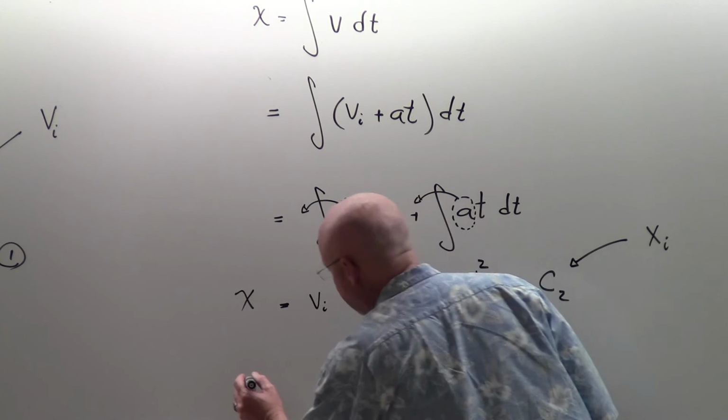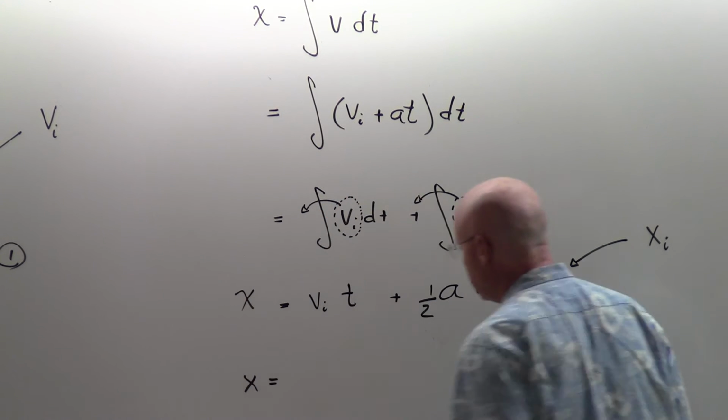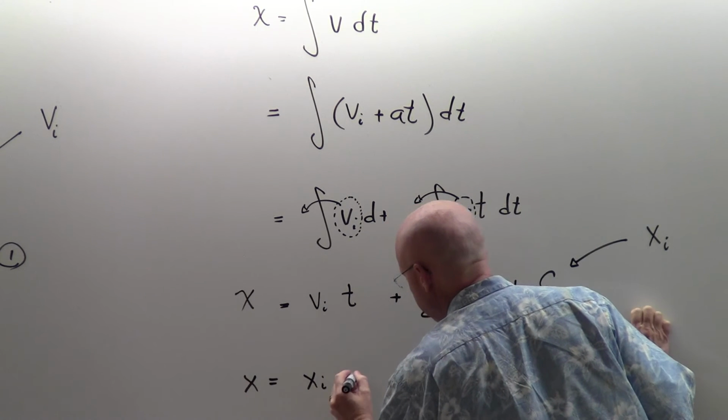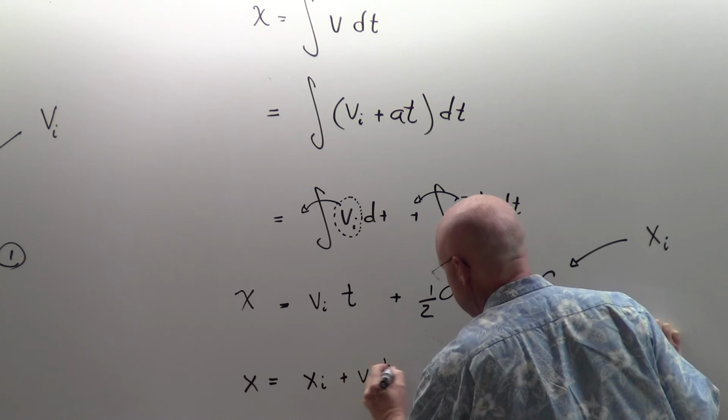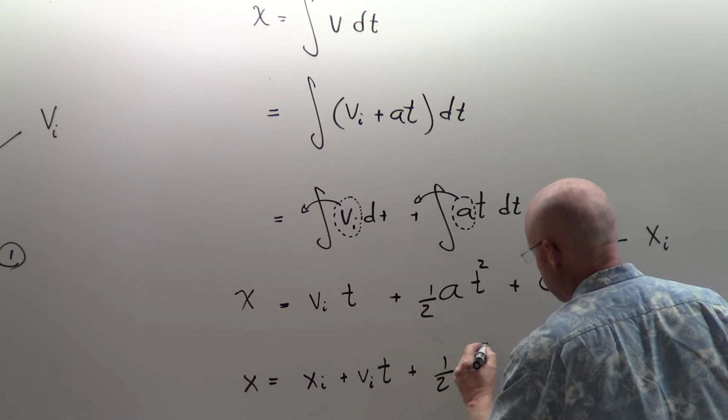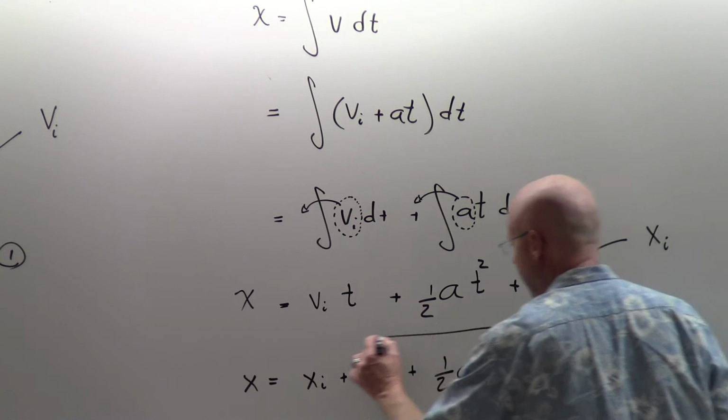And so let me write this then as x equals, and so I will have initial position plus initial velocity times time plus 1/2 acceleration times time squared.